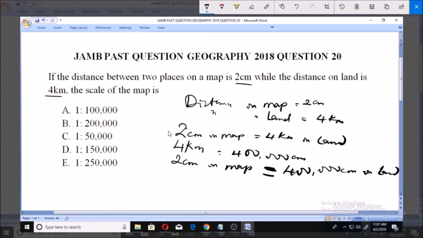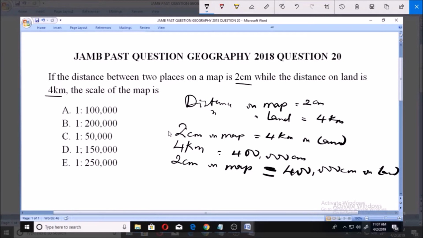Now if 2 cm on map gives us 400,000 cm on land, that means 1 cm on map will give us how many on land? It will give us x.